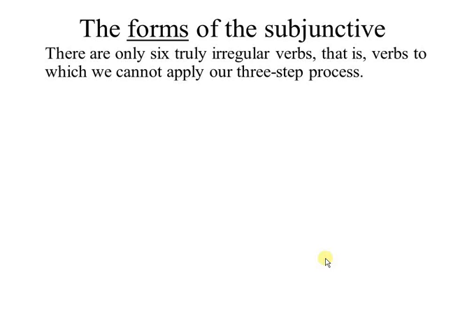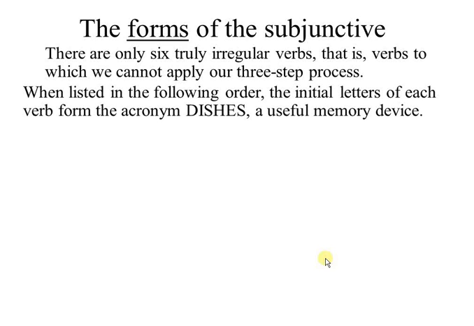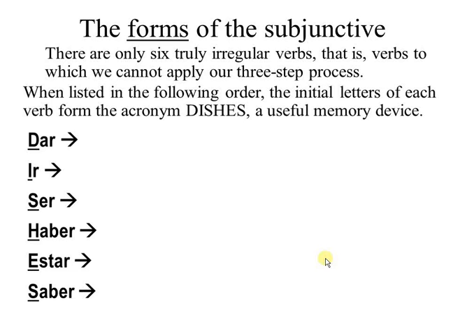Empecéis, empiecen. There are only 6 truly irregular verbs, that is, verbs to which we cannot apply our 3-step process. But if you remember these verbs from the commands that we learned, in the usted form, they are the same exact ones. All you have to do is to conjugate them this time. When you think about irregular verbs in the subjunctive, think about dishes like dar, ir, ser, haber, estar, saber.